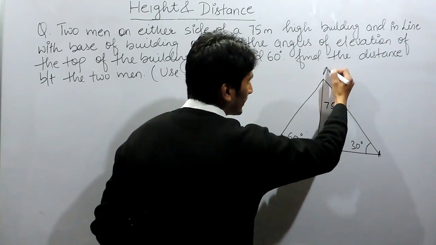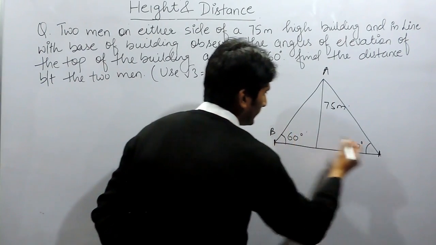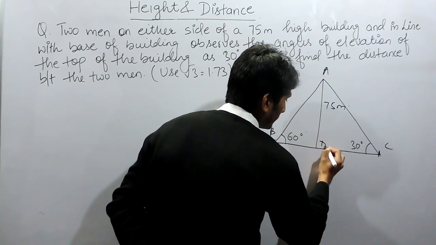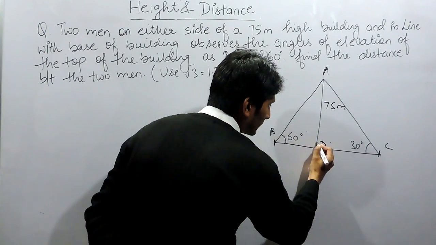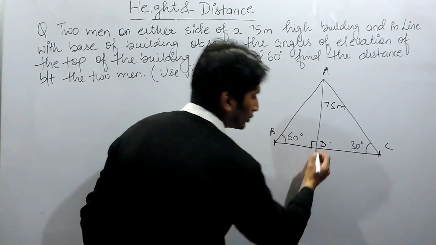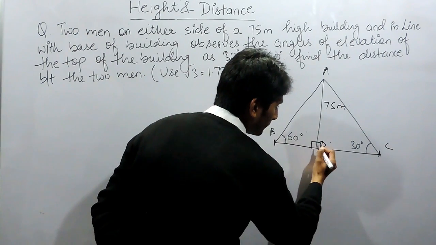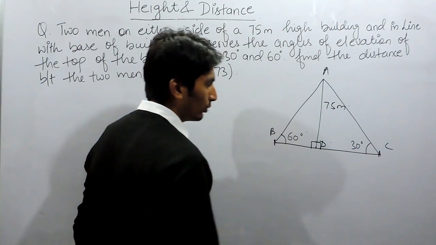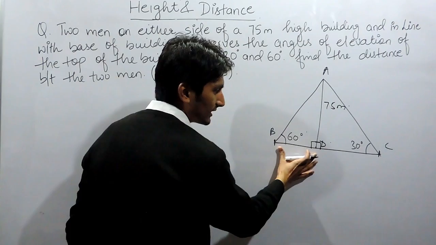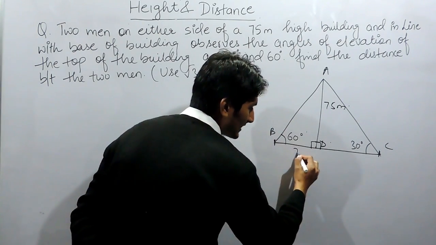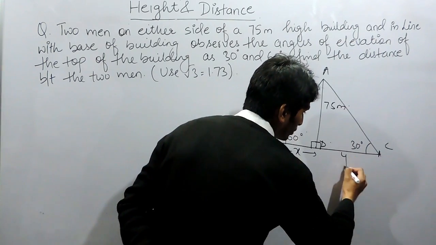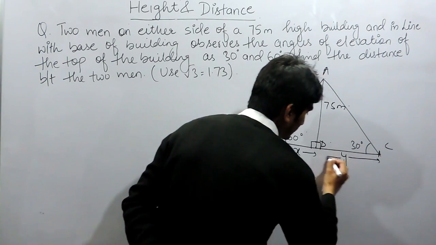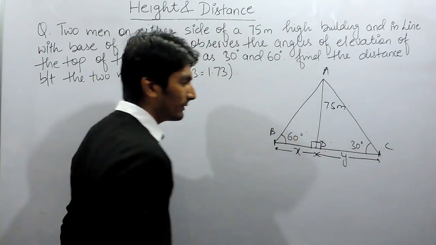If I name this triangle A, B, C, and this point D, obviously this building must be perpendicular to the ground, means it must form 90 degrees with the ground. Suppose the distance between this point and this point is x meters, and the distance between this point and this point is y meters.